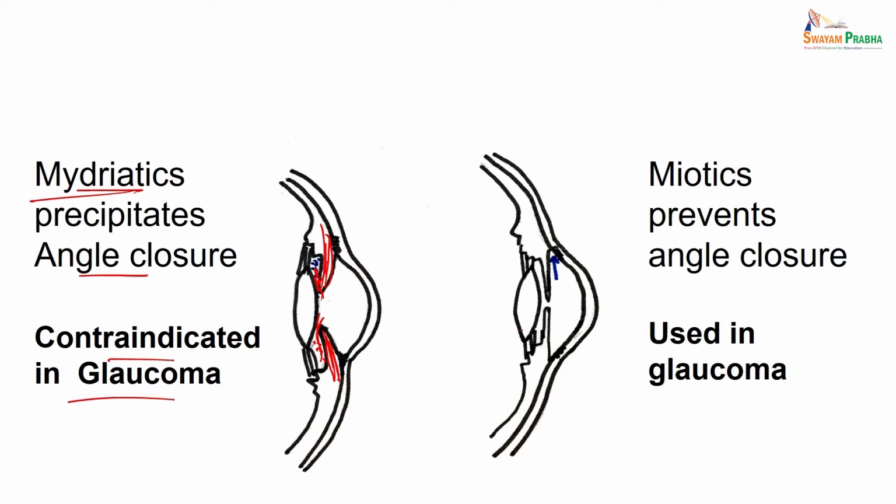On the other hand, when you give miotic agents, this causes miosis, and then the angle gets opened, and this causes easy flow of the aqueous humor. So, miotics are useful in glaucoma, whereas mydriatic agents can precipitate glaucoma.